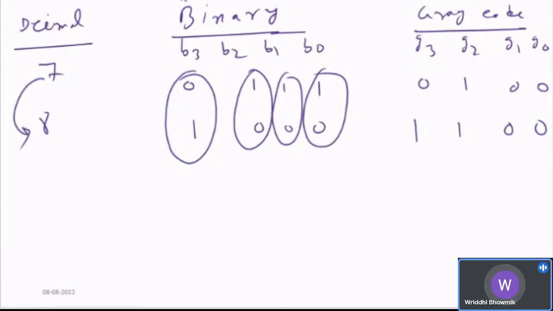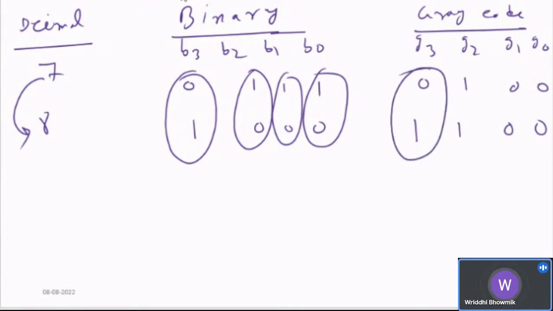So you see, when you want to switch from 7 to 8, in case of binary, in all 4 positions, B3, B2, B1, B0, you need switching. But in case of gray code, only in G3 position you need switching.